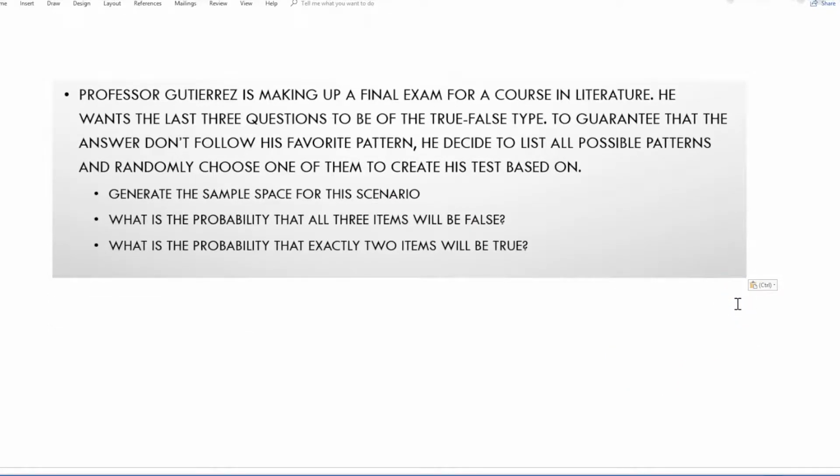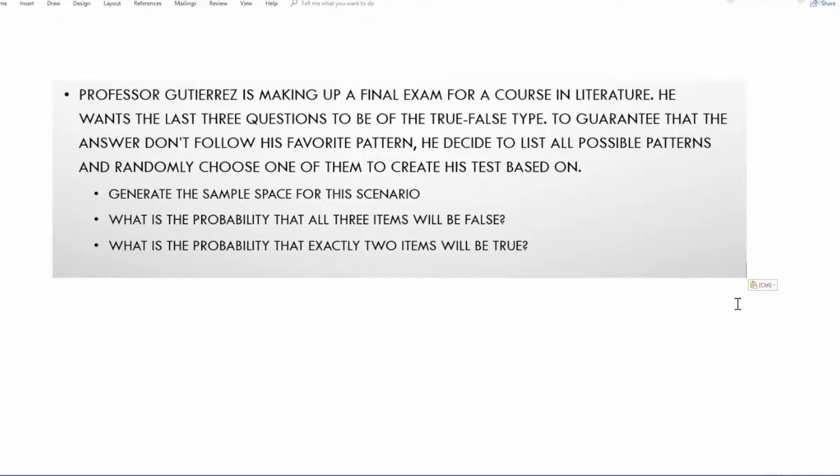Okay, so Professor Gutierrez is making up a final exam for a course in literature. He wants the last 3 questions to be of the true-false type. To guarantee that the answers don't follow his favorite pattern, he decides to list all possible patterns and randomly choose one of them to create his test based on.